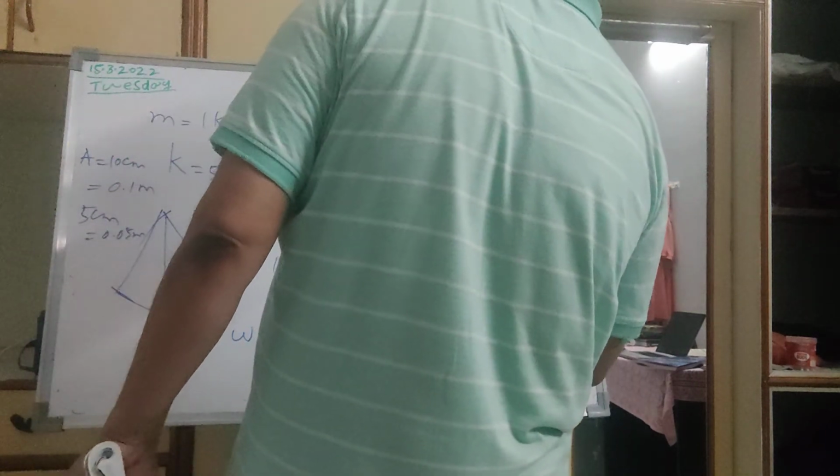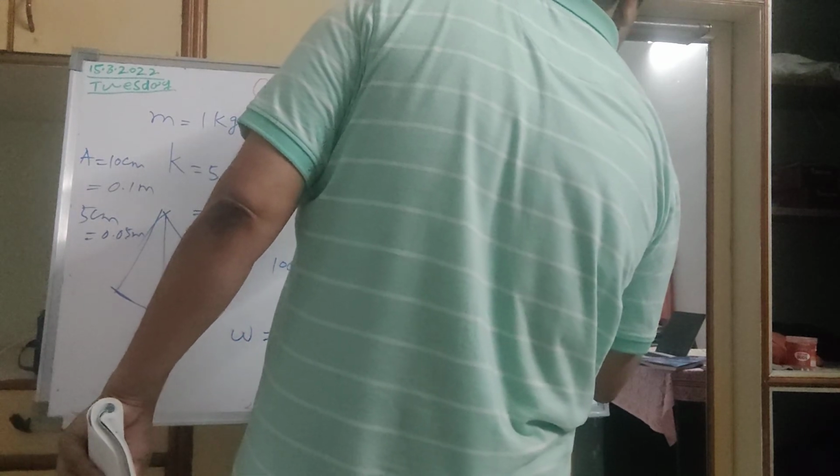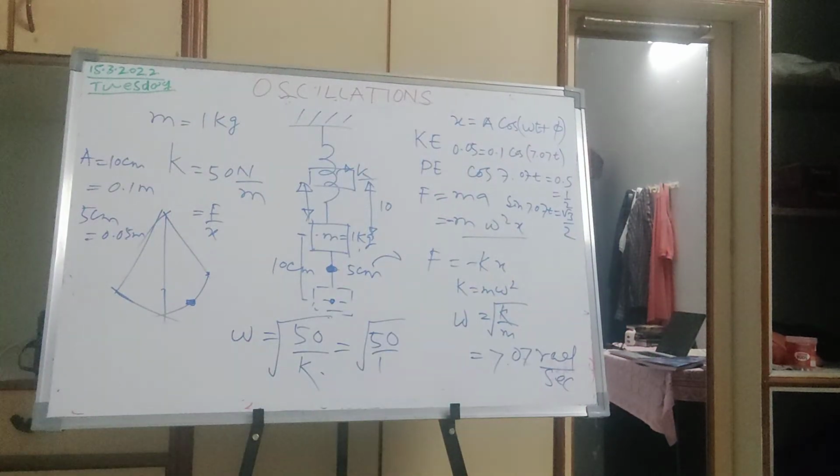Then sin 7.07 t will be root 3 by 2, because sin 60 is equal to root 3 by 2.